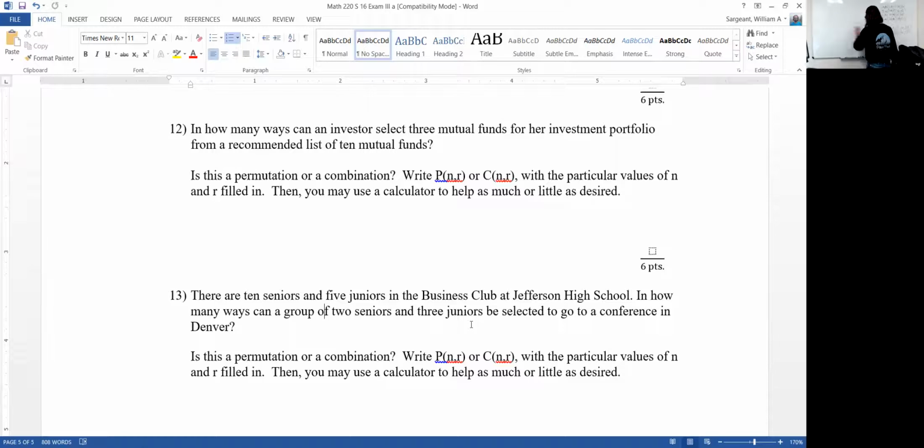So I'm starting off first with an application of the multiplication principle. Ten seniors, we're going to choose 2, and 5 juniors, choose 3. 10C2 times 5C3.